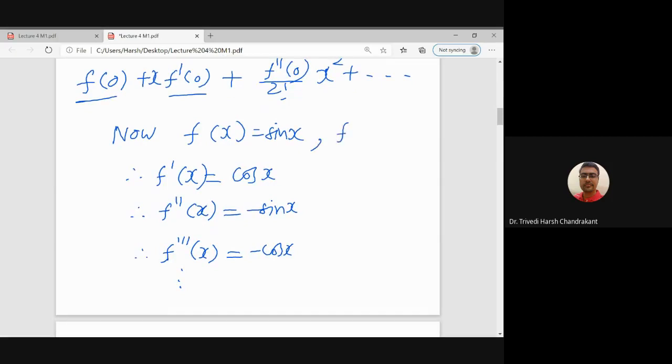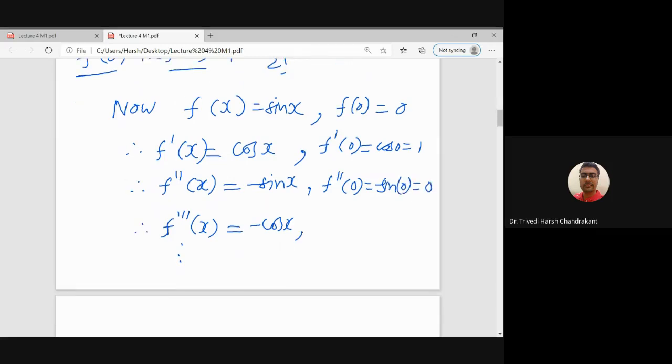So first of all, f of 0 is 0 because sin 0 is 0. f dash 0 is cos 0, which is 1. The second derivative at 0 is minus sin 0, that is also 0. And the third derivative at 0 is minus 1, and so on.